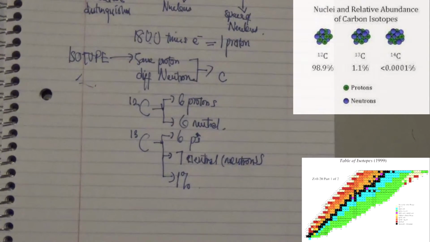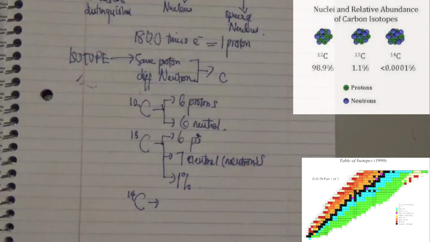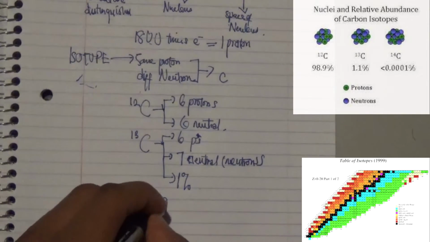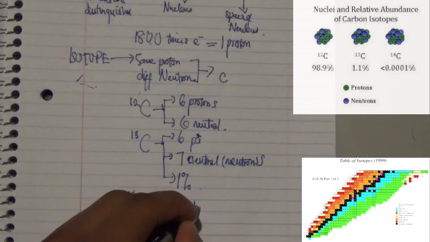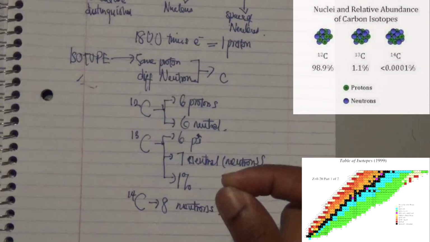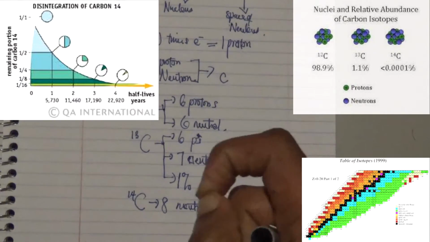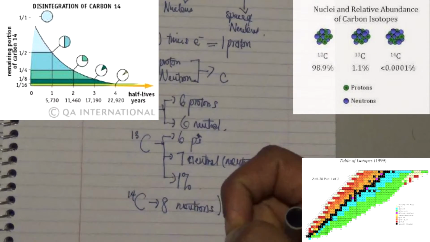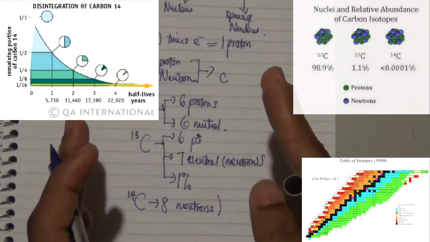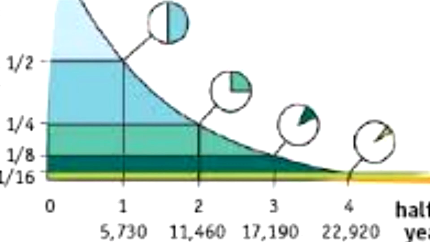And last but not least, a really important isotope is carbon-14. Carbon-14 has 6 protons, of course, but in this case has 8 neutrons in the nucleus. One of the reasons why carbon-14 is really important is because of its radioactivity. This radioactivity gives it a really huge half-life of 5,730 years.